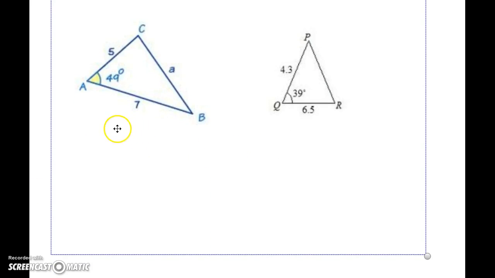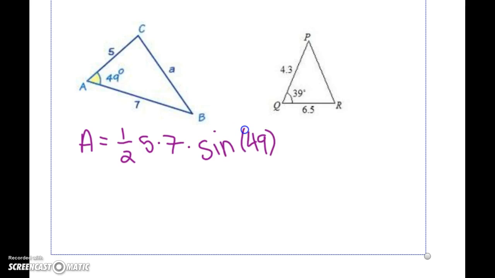Here I want to get the area. I have 49 degrees as my angle, I have sides 5 and 7. So my area will equal 1/2 of 5 times 7 times the sine of 49. And this is where your calculator comes in handy.